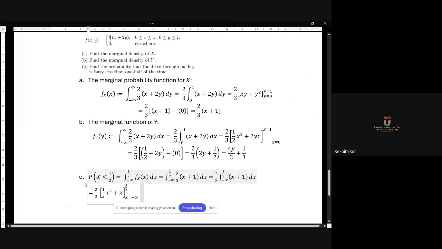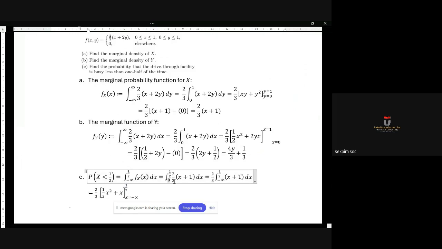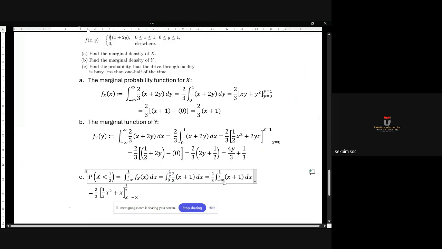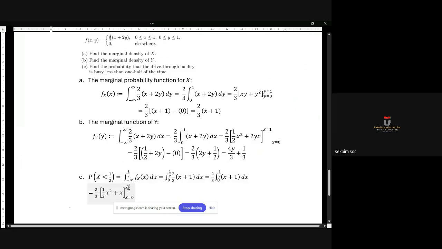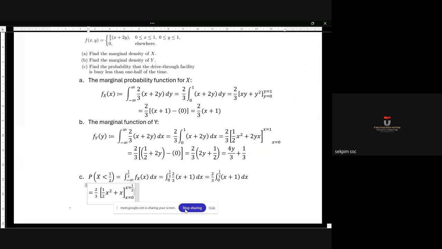I think we should simplify something here, right? Because this is 0 outside of this interval, so we can simplify this to start from 0. Okay. So just calculate it.